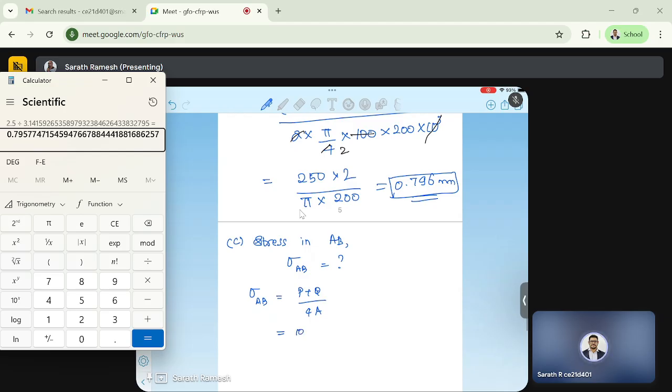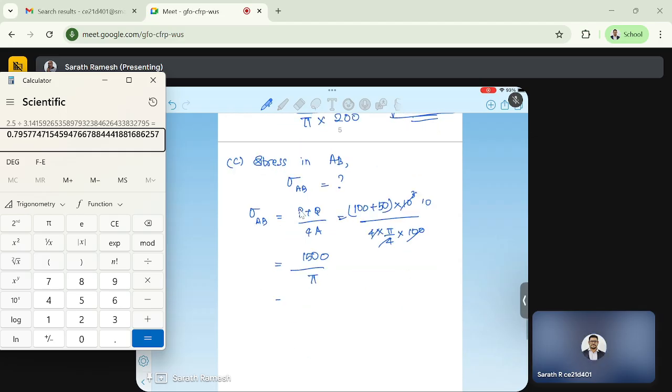So 100 plus 50 times 10 power 3 divided by 4 times pi by 4 into d square, which is 100. So 150 times this will contain 1500 divided by pi megapascal. So this is equal to 1500 divided by pi, which is 477.5 megapascal.